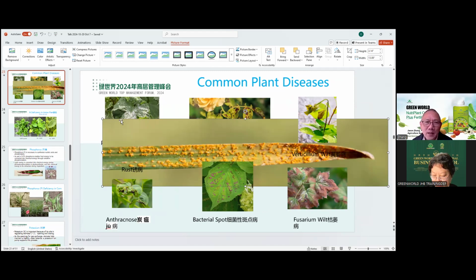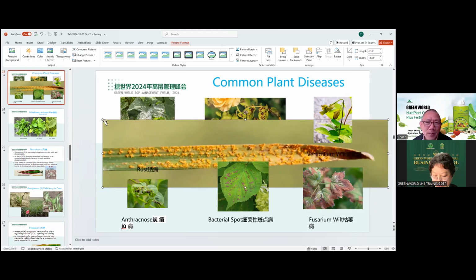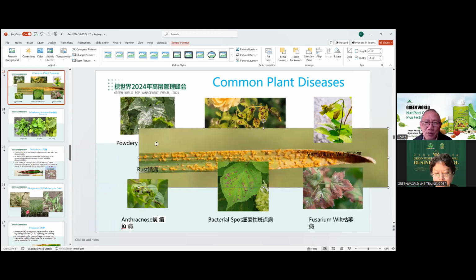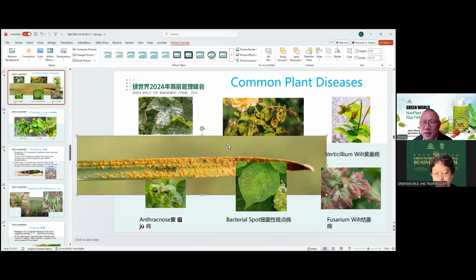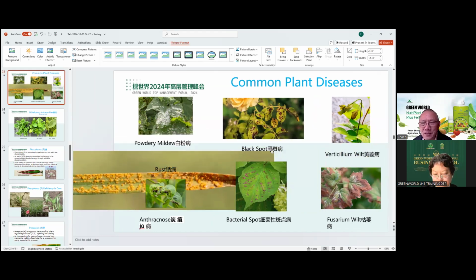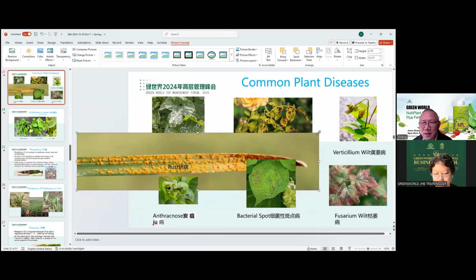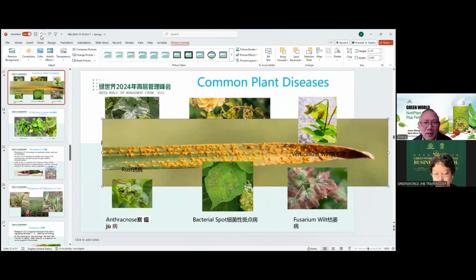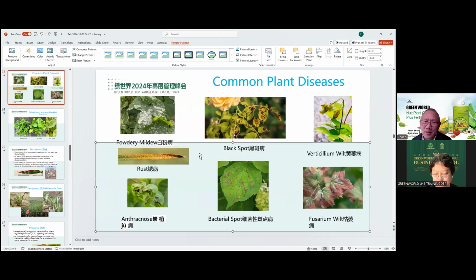One piece of general common knowledge is that plant diseases are totally different from human diseases. What's the difference between human diseases, animal diseases, and plant diseases?